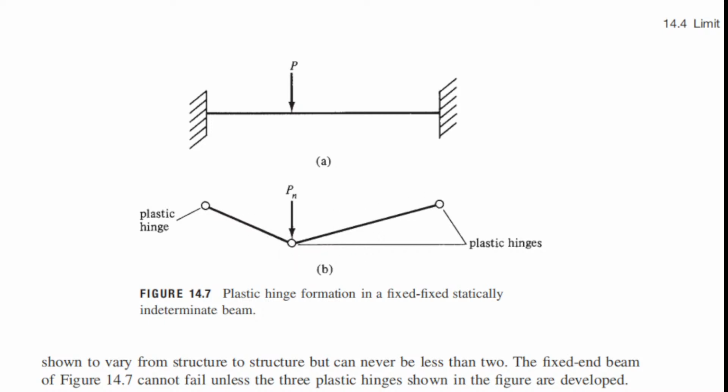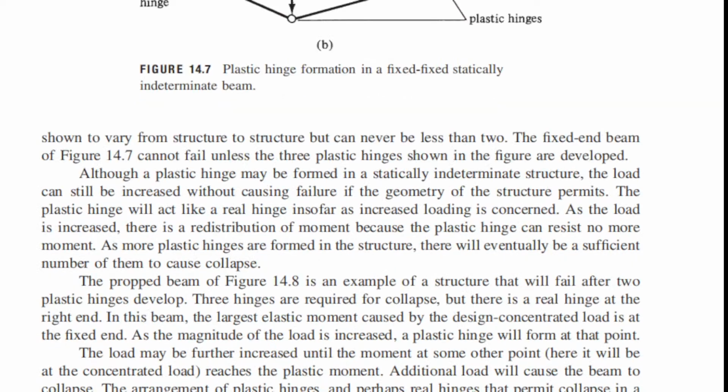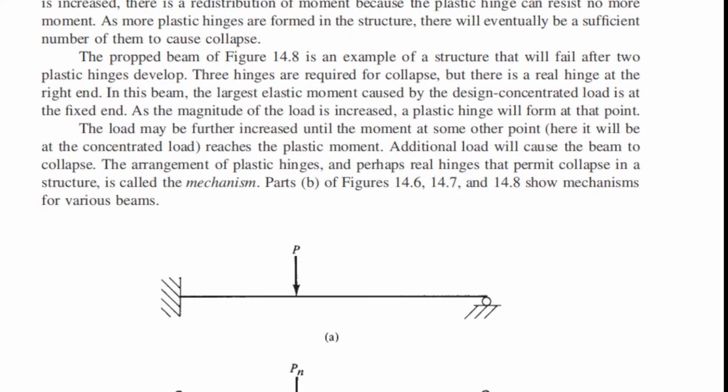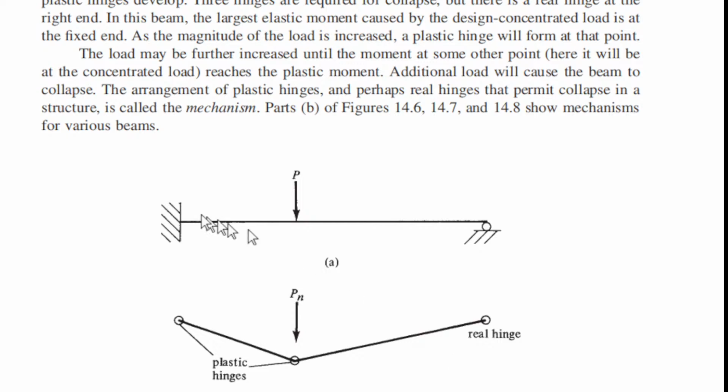Okay? That is what we mean by that. For example, if we only have what? 1 fixed end and 1 pin end. So, we need 1, 2. We need 2 collapse mechanisms, or we need 2 plastic hinges.